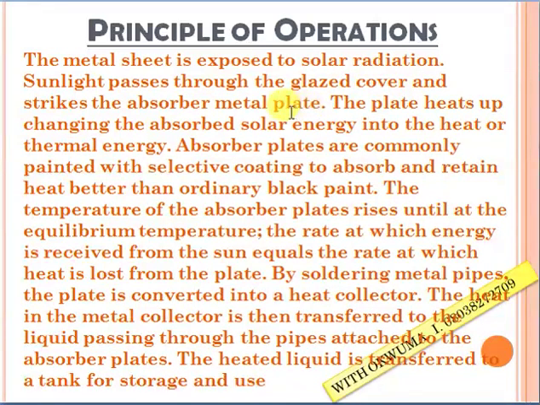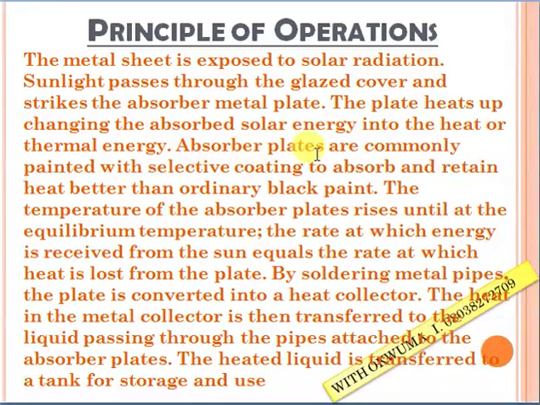Remember, the absorber metal plate is made of conductor, copper or aluminium. Now the plate heats up, because it is a good conductor, changing the absorbed solar energy into what? Heat or thermal energy.